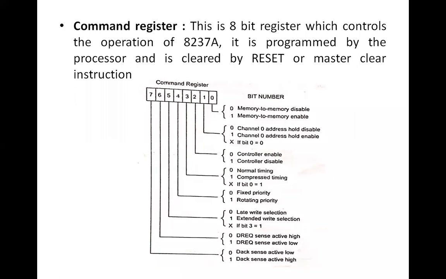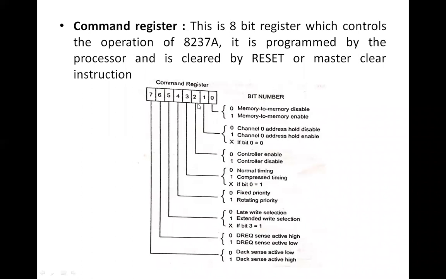Again, it is programmed, written by the microprocessor, and it will be cleared whenever we press the reset button or whenever we have a master clear instruction.